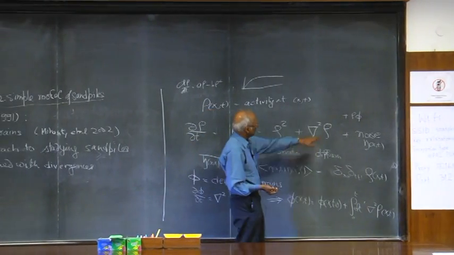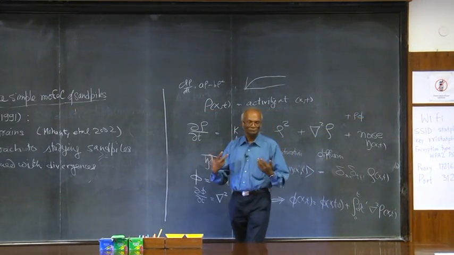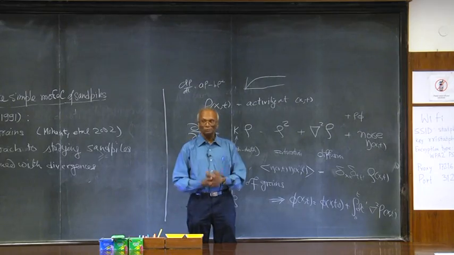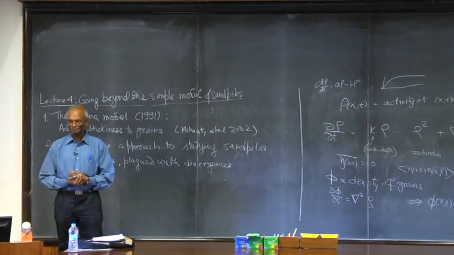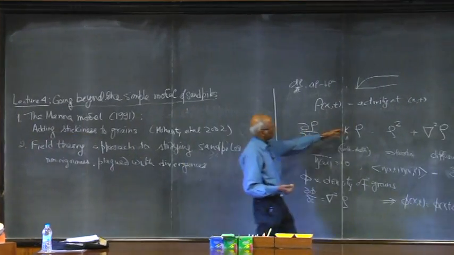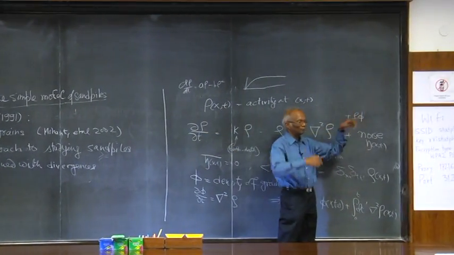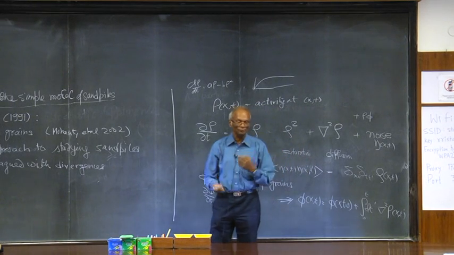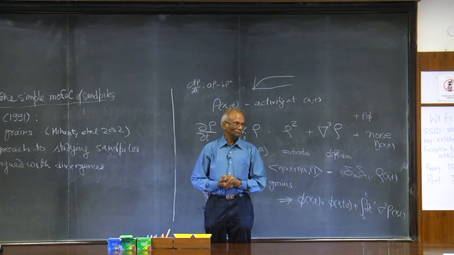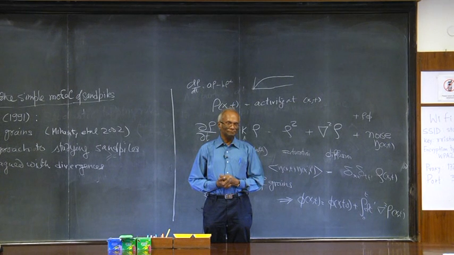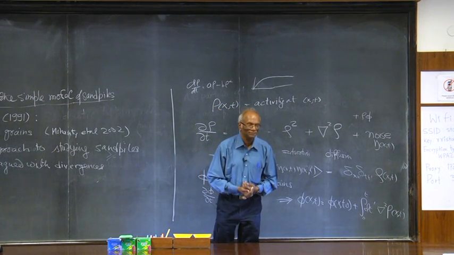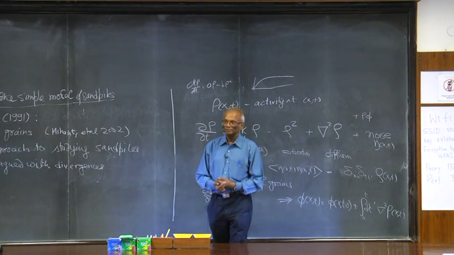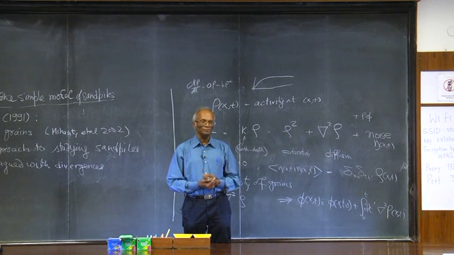Then I can put this in here and I get an equation in rho, but now it is a horrible messy equation, non-local in time, because these terms are local, but this term involves an integral over all the previous time history of the rho field. And such kinds of field theories are very ill behaved in general. Whatever intuition you have developed in the past about field theories may not always work in the presence of such non-local terms.